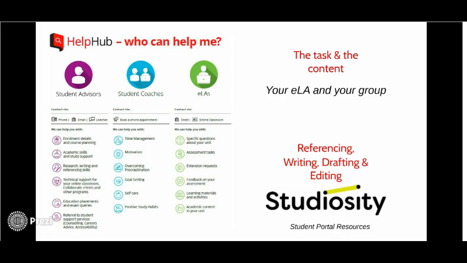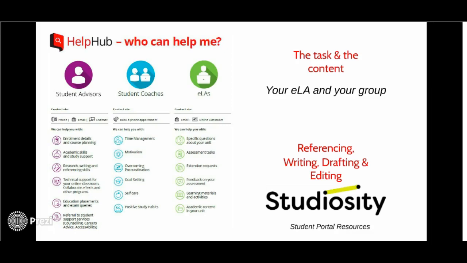And so finally, there's Studiosity. And this is our draft review service, which is available inside Canvas. One of the modules is called Studiosity, and they'll get back to you within 24 hours when you submit a draft, and they'll give you some suggestions about ways to further develop your writing.